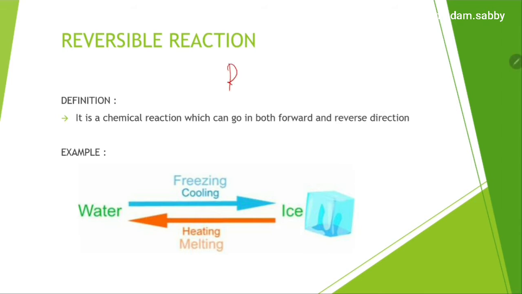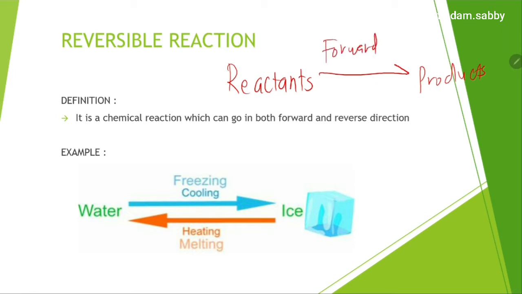Let's say I have reactants forming a product. From reactants to product is my forward reaction. If I want to convert my products back to reactants, this is my reverse reaction.